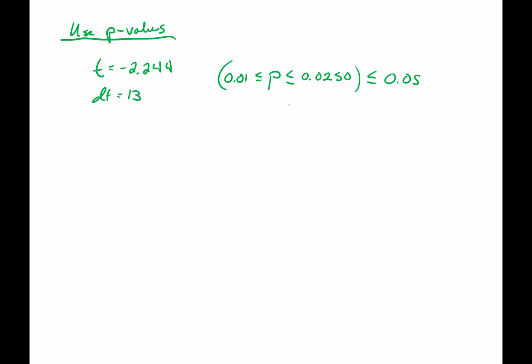So, based on that, we have enough evidence to reject the null hypothesis. Now, the issue would come if one piece of this interval is larger than your alpha value. If one piece of the p interval is greater than alpha, you have to fail to reject the null.